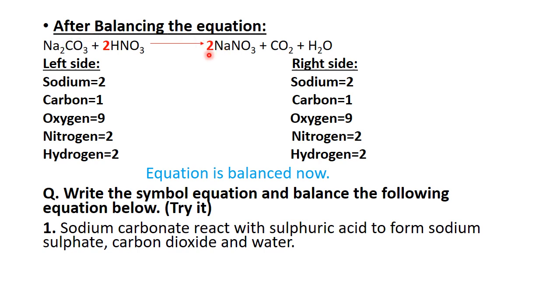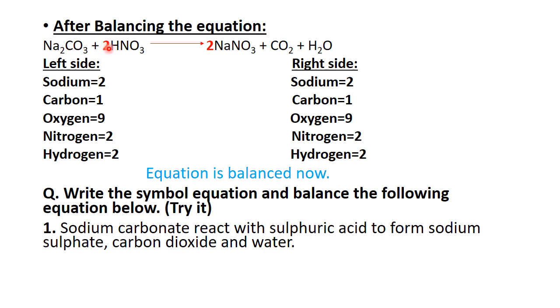Okay. So keep in mind that this 2 that is written before the nitric acid will be multiplied by all the atoms. Like this oxygen has a subscript of 3, so this 3 will be multiplied by 2. So in this way there will be 6 oxygen, and plus 3 will be a total of 9 oxygen here.